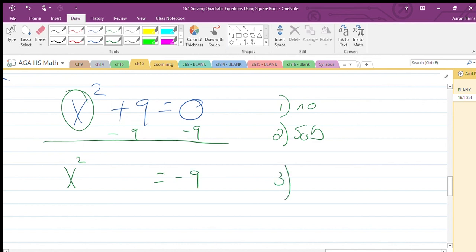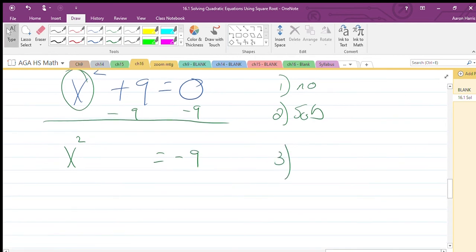Step 3, remove all multiplication, division. Remember, I have x times x. So how do I get rid of an x times x? That is square root. If I take the square root on one side, I must take the square root on what? The other side. Therefore, I get what?